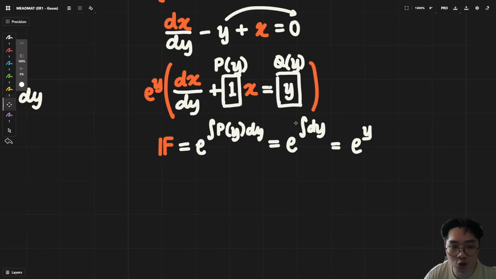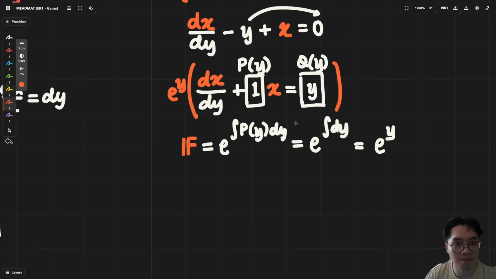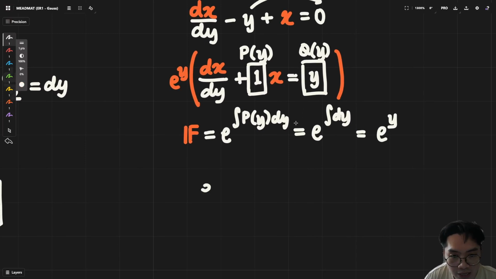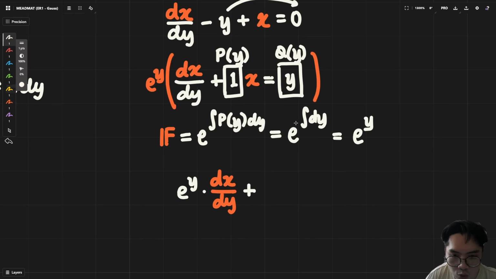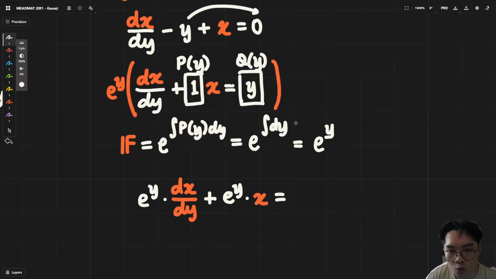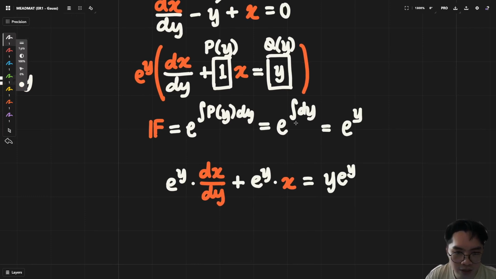This should be e raised to y, and what will happen now is something like this: e raised to y times dx over dy plus e raised to y times x is equal to y e raised to y. Now, again, we can see if this is your f, this is also your f prime.